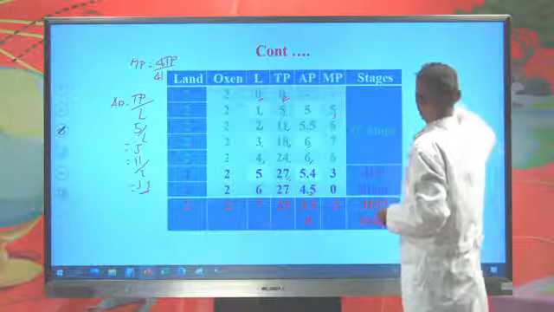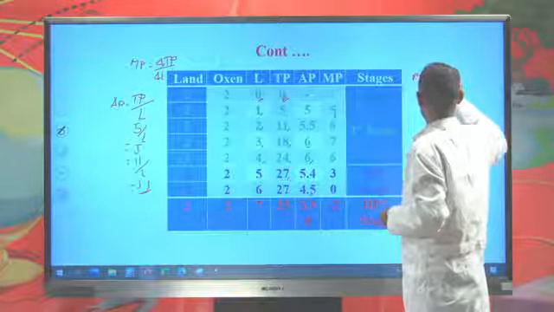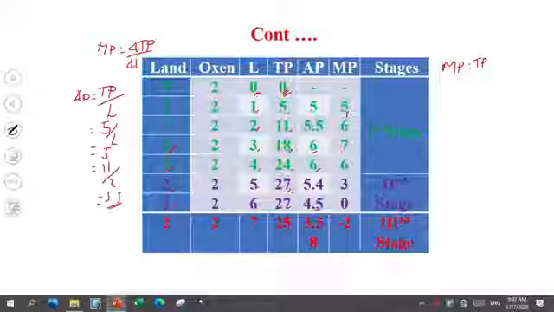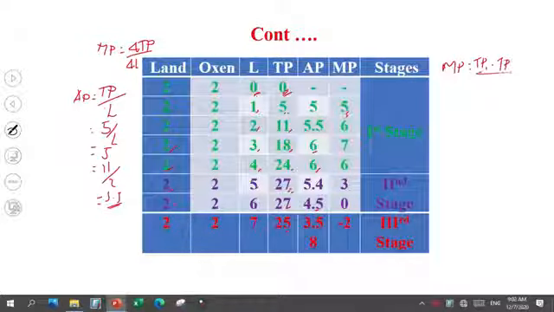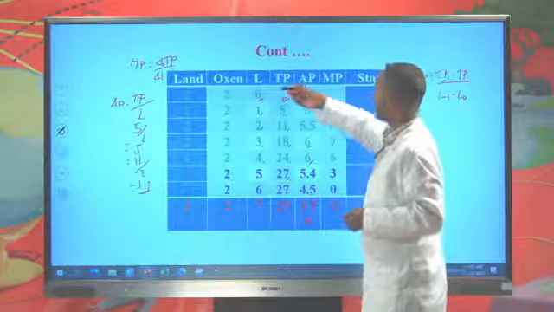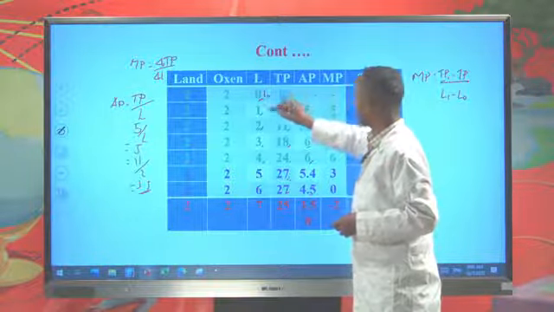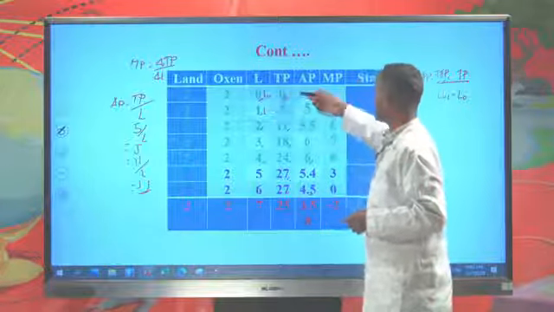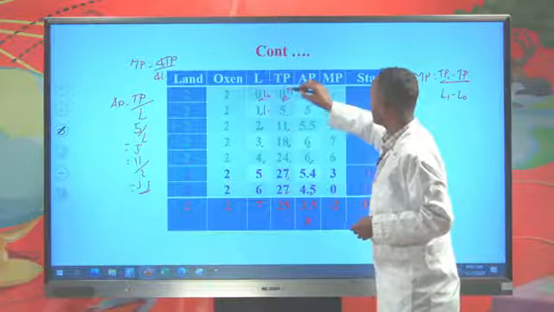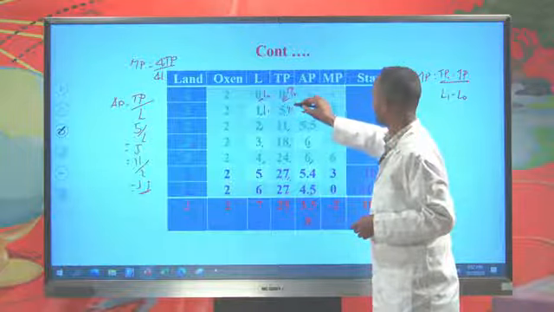Mathematically, the marginal product is calculated by dividing the change in TP, which is TP final minus TP initial, by the variable input labor final minus the variable input labor initial, which is the change in labor. So let's take 0 as labor initial and 1 as labor final. Let's take 0 as TP initial and 5 as TP final.